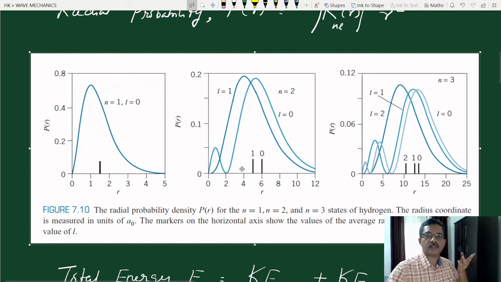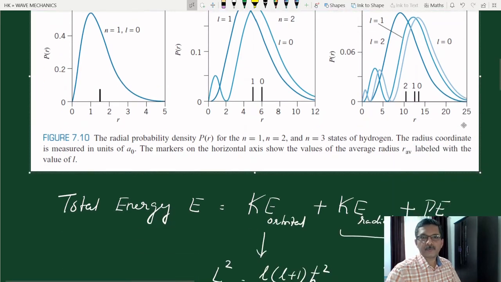For 2s and 2p states together, it's nearly some 5.5 a0, some 4 times higher. For 3s, 3p and 3d states together, it is nearly some 12 a0, 9 times higher than this value. So principal quantum number decides not only the energy, but it also decides the average radial distance from the nucleus.